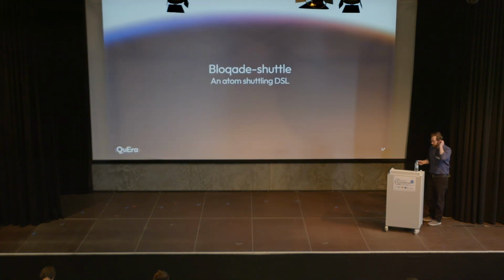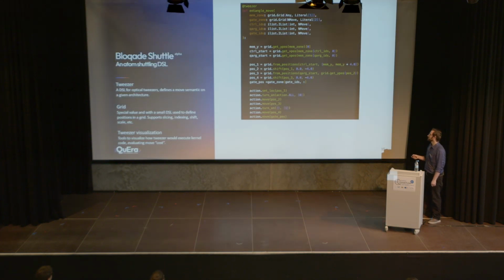Okay. So now I would like to talk a bit about one of the projects that I have worked on fairly significantly in the past 6 months. This is Bloqade shuttle. So the way to think about Bloqade shuttle is it's a small, well, not small, SDK which allows you to define very low-level hardware operations and package them together to form concepts that are similar to gates.